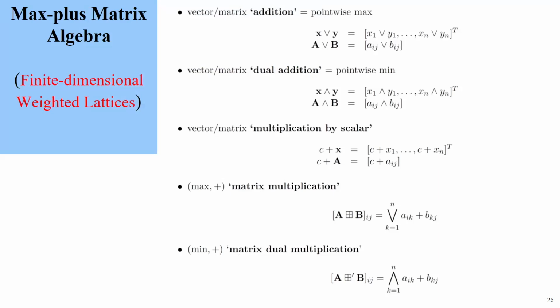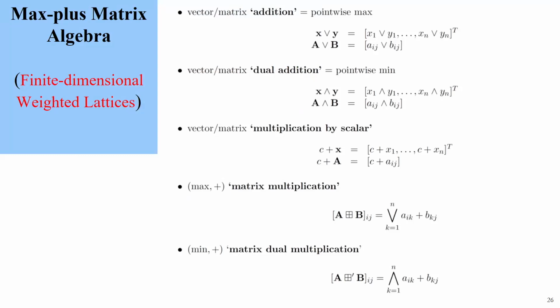So this notation is essentially pointwise max between vectors or matrices. Instead of multiplication by scalars, we have addition of scalars to vectors or matrices. And then the new notation I'm using is the max plus matrix multiplication, using this box with a plus in it.